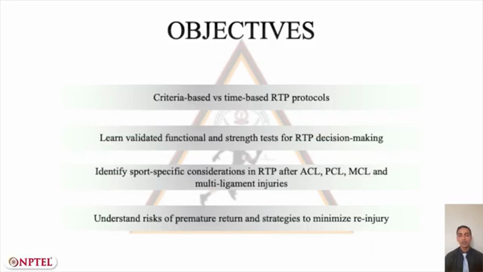We will also identify sport-specific considerations in return to play after ACL, PCL, MCL, and multiligament injuries. We will try and understand the risk of premature return and strategies to minimize the re-injury. We will recognize psychological readiness as a key determinant of return to play.